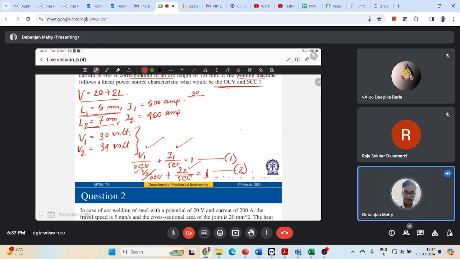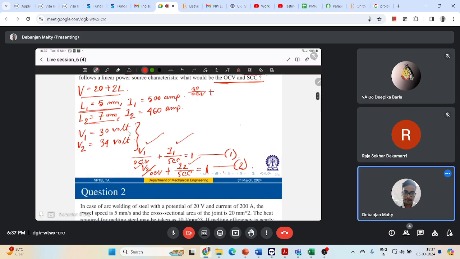30 by OCV plus 500 by SCC equal to 1, and 34 by OCV plus 460 by SCC equal to 1.